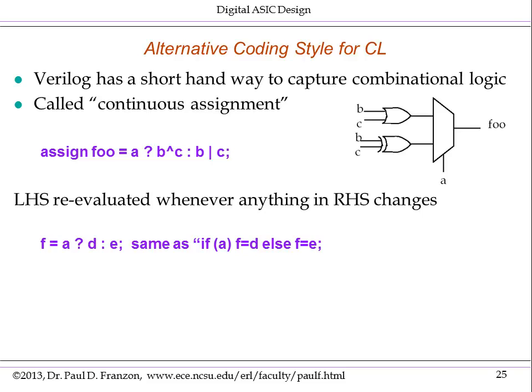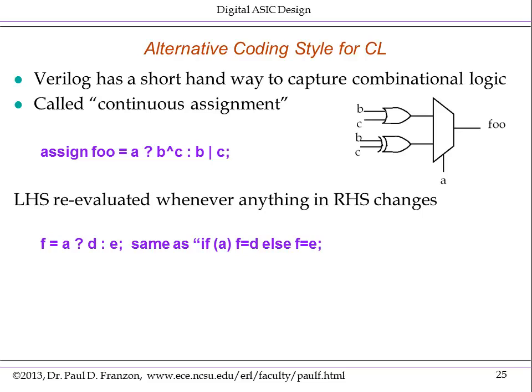I'm also introducing a little bit of syntax here that I haven't shown before. That's this question mark colon statement. That means the same as if A, else. What it means is before the question mark is what we're matching against.